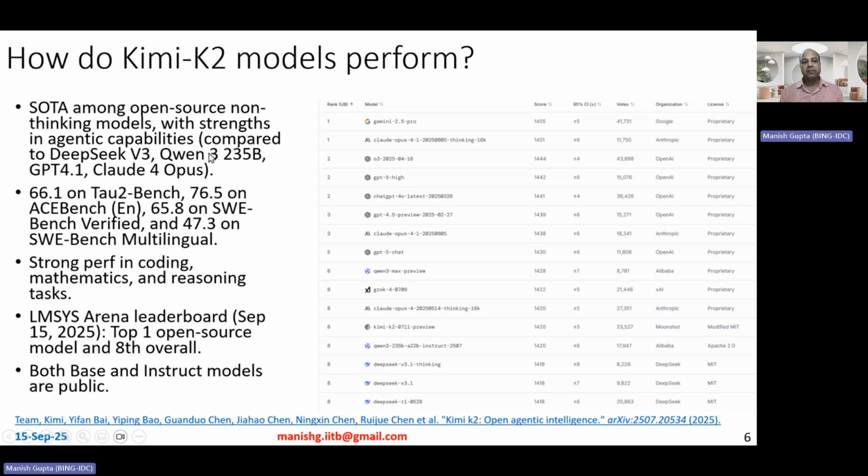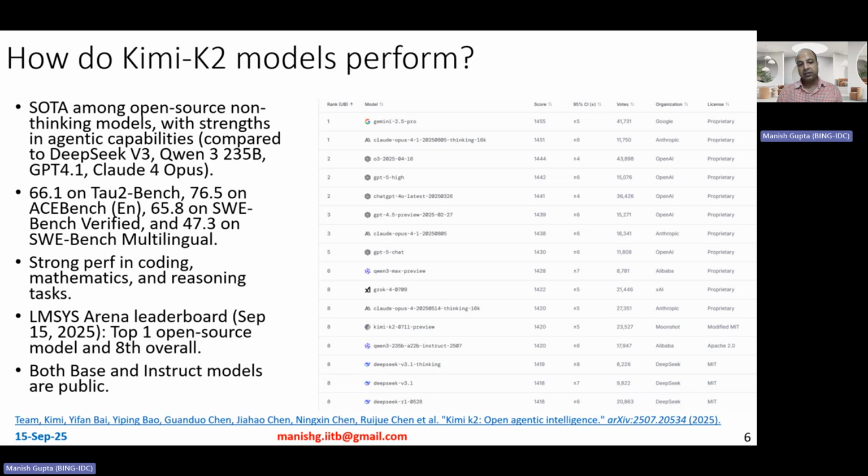Right? So it is able to obtain high scores of 66.1 on tau square benchmark or ACEBench and SWE-Bench Verified and SWE-Bench Multilingual and so on. It also has very strong performance in coding, maths, and reasoning tasks. And as I mentioned, on the LMSys Arena leaderboard, it is the top open source model as of now.